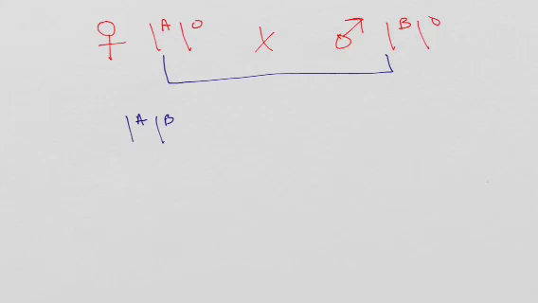Then we do the outer, in green, and that gives me IA IO. Then I do the inner in a different color, and what does the inner give me?